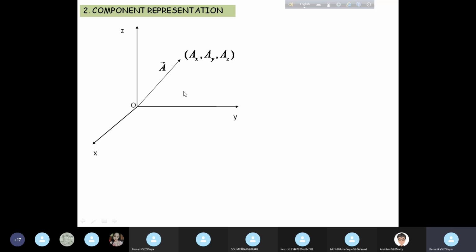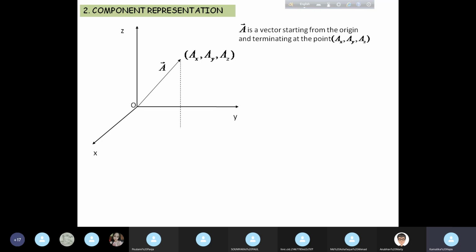Just remember that it is arbitrarily placed. Okay, so you have to imagine here a 3D picture where x, y, and z are perpendicular to each other, and A is a vector arbitrarily directed in space. Clear?